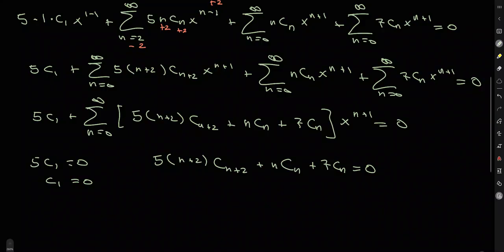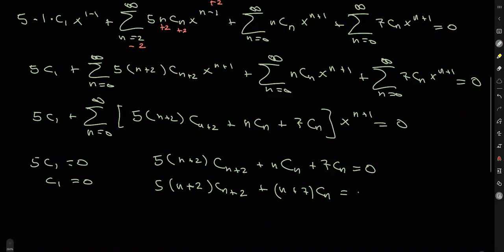Now we would need to solve this equation for the c containing the largest subscript, in this case, c sub n plus 2, in order to obtain our recurrence relation. However, before solving, I'd rather factor c sub n from the second and the third term. That is plus n plus 7 times c sub n equal to 0, in addition to 5 times n plus 2 c sub n plus 2.